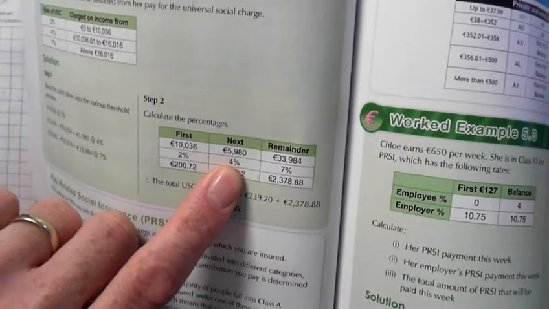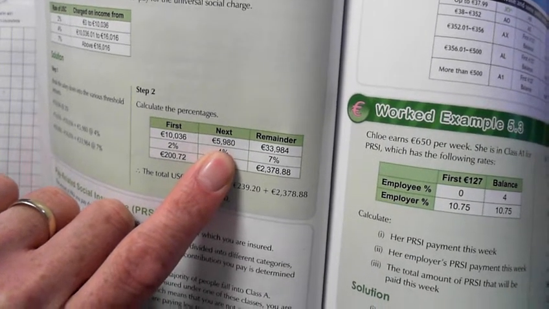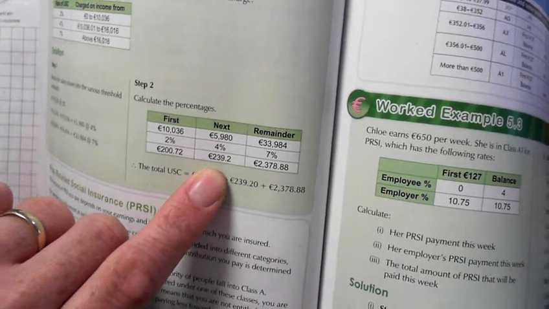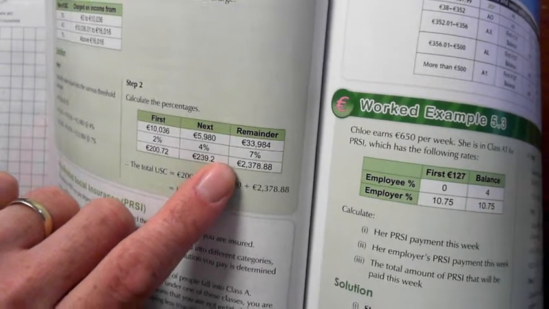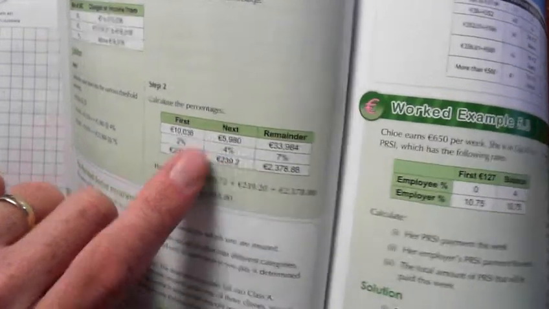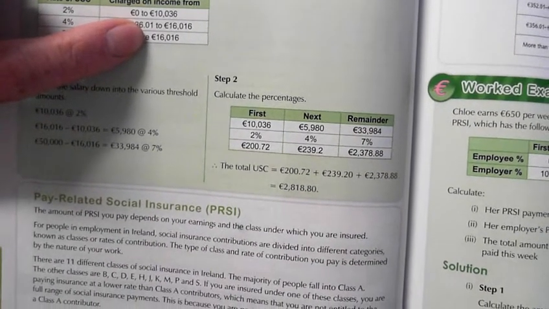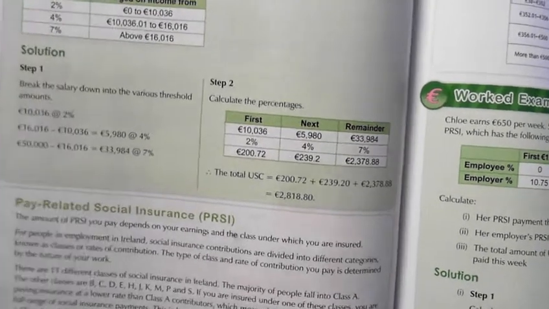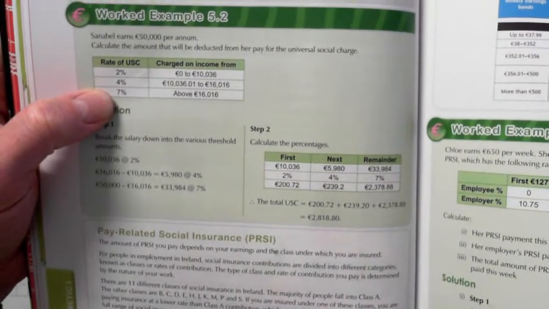For the next 5,980, you pay 4% of 5,980, 239.20, and then the remainder, all the money above 16,016, you pay 7%. All right. So we'll take a figure of 40,000. We'll use this table here on the left hand side.